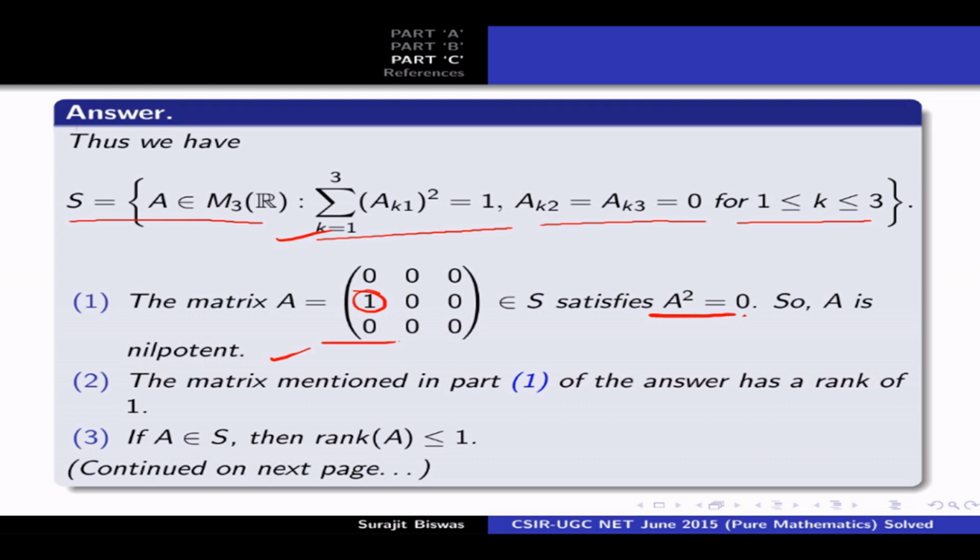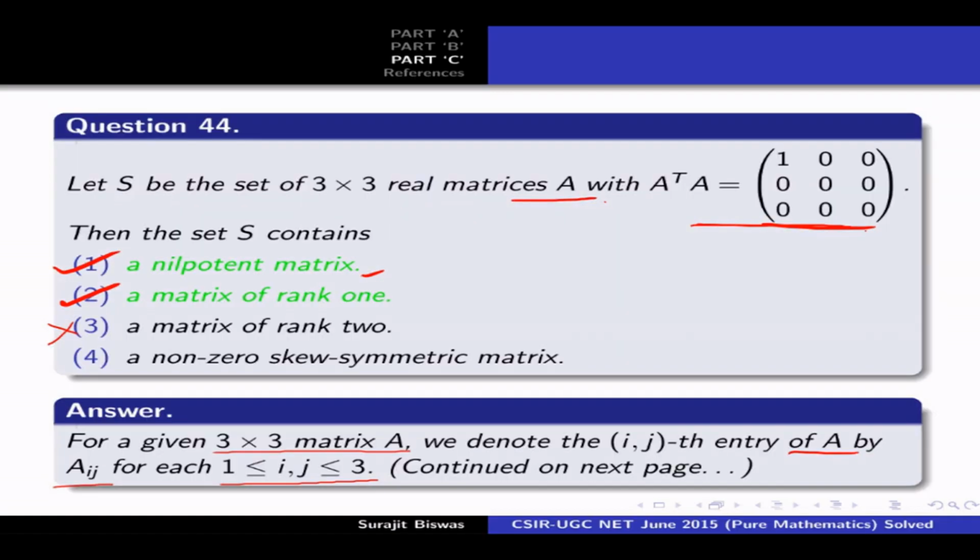If A belongs to S, then from this characterization, only a_k1 for k equal to 1 to 3, that is a11, a21 and a31, this first column is possibly non-zero, because the other columns have to be 0 by this characterization. So if A belongs to S, then the rank of A has to be at most 1. Therefore a matrix of rank 2 cannot be in S.